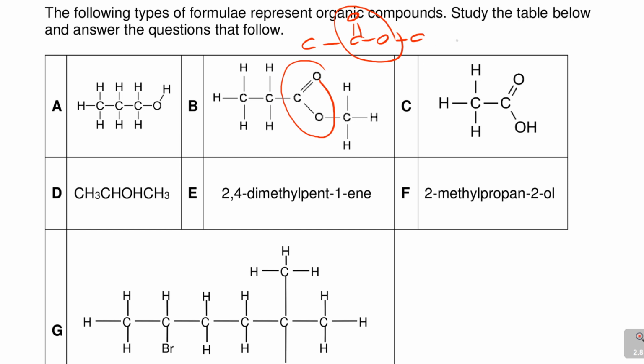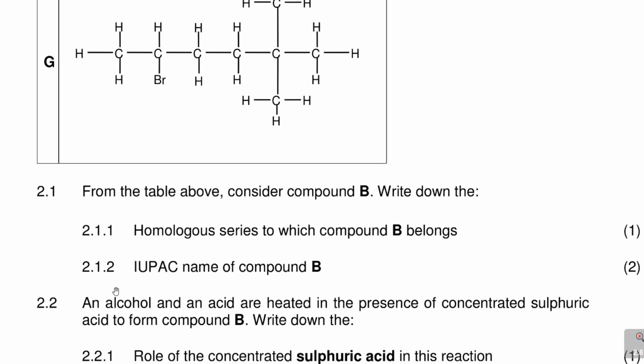This compound, as you can see, is an ester, all right, because it's R, C, O, and then another R. You see this? So this is an ester. If you picked up, you could see that there is a carbonyl with an oxygen there. It's an ester.